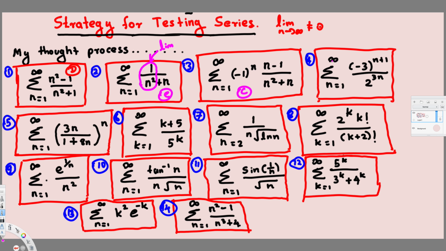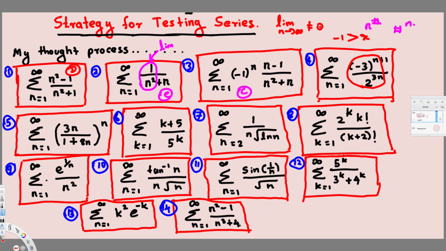Let's look at the next one. We have sigma, and you notice that this is a geometric series. If you have n to the power of a number, that is a P series, and if you have a number to the power n, that's a geometric series. You can separate these two things and combine them. The r value goes from negative 1 to 1.